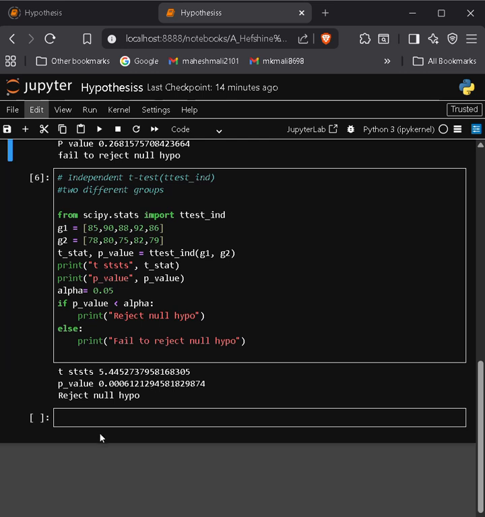The third one is the paired t-test, which is also a very important test.